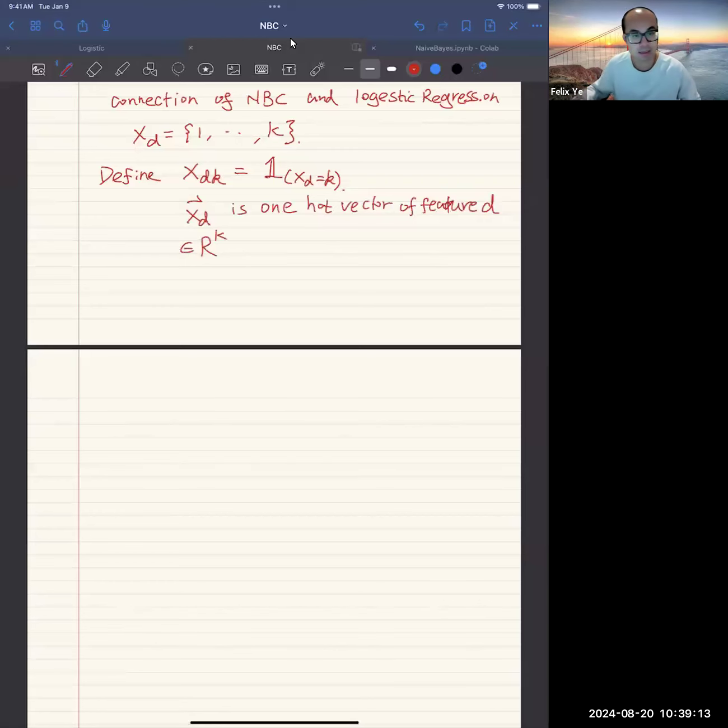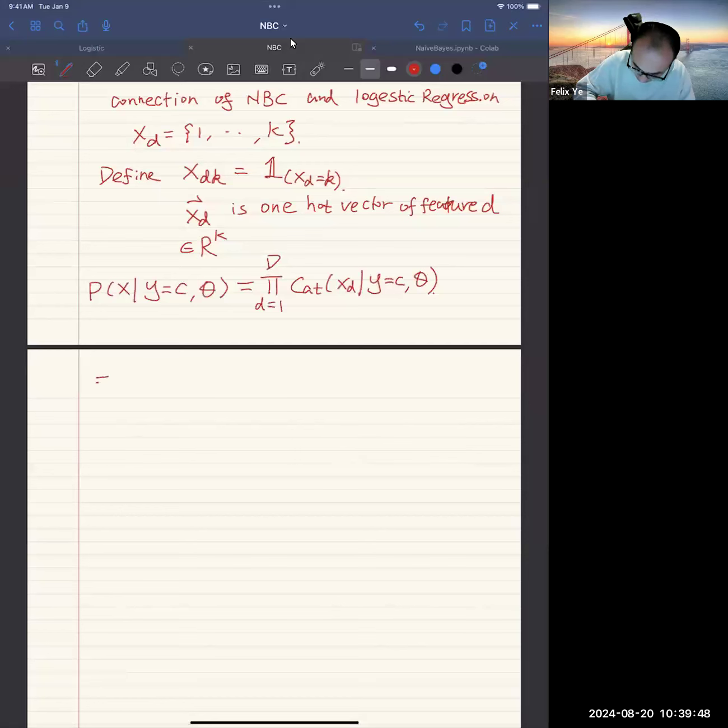In these cases, my conditional probability is given as follows. The probability of x conditional on y equal to c and theta is the product over all d from 1 to capital D of the categorical distributions of x_d conditional on y equal to c and theta.